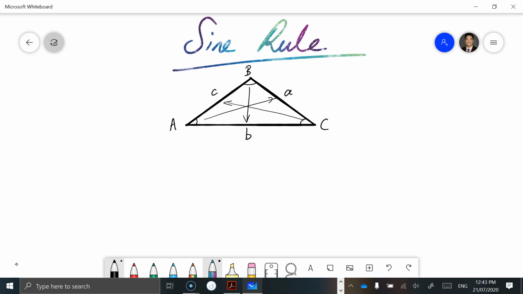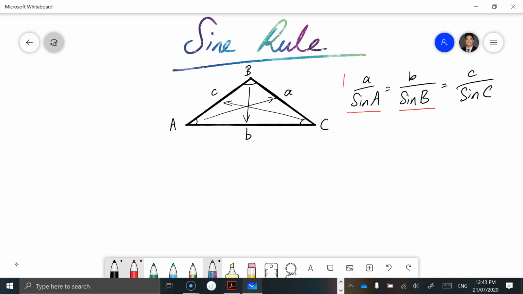And we have a formula, which is a over sine A equals b over sine B equals c over sine C. And it's all to do with ratios. So the beauty about the sine rule, it's fairly straightforward, fairly simple. And you could use any two of these three ratios or fractions.